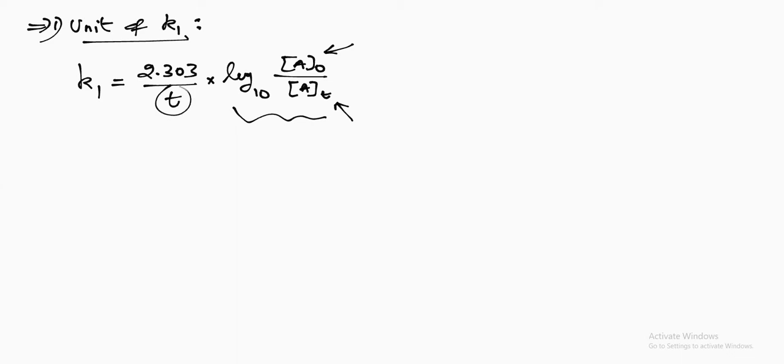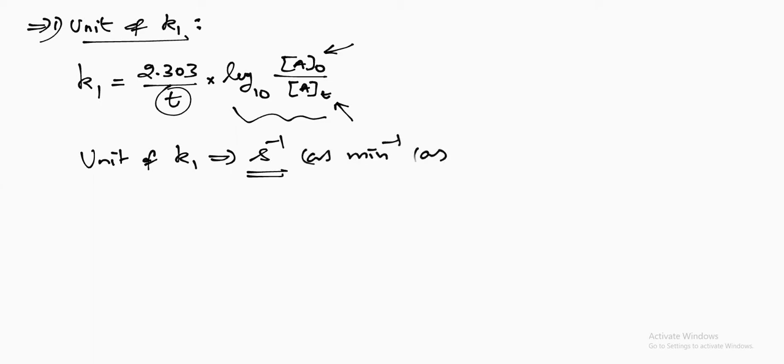So we have only time quantity. So only time unit will appear. And the unit of K1, so time is in the denominator. Therefore, unit of K1 is second inverse or minute inverse, or in general time inverse. But the SI unit, keep this in mind.